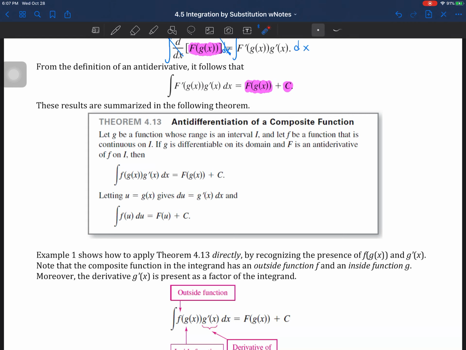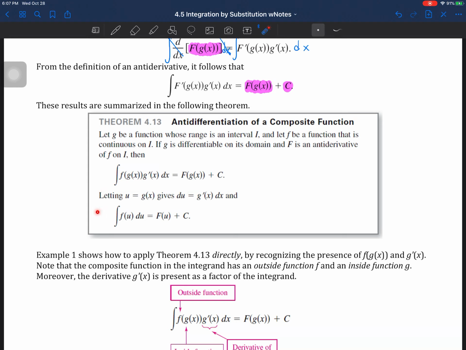So if you let u equal g of x, then du, the derivative of u, will be g prime of x times dx. If you replace g of x with u, and then you replace g prime x dx with du, as stated here, then we just made the problem much easier.